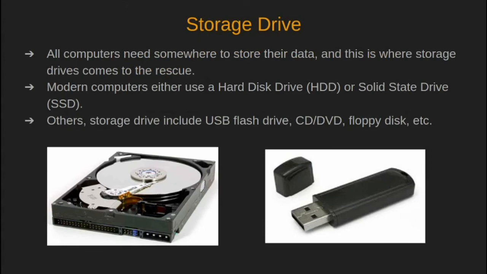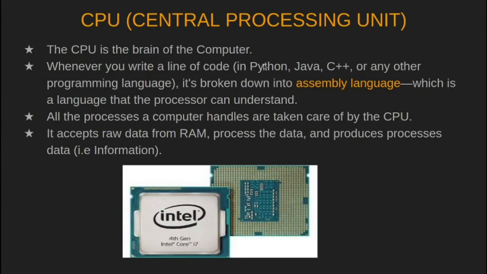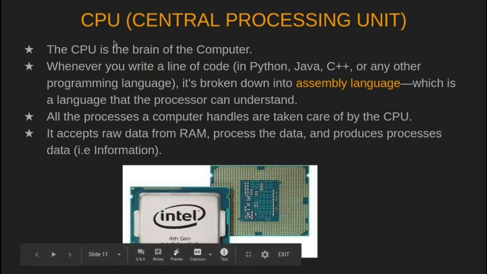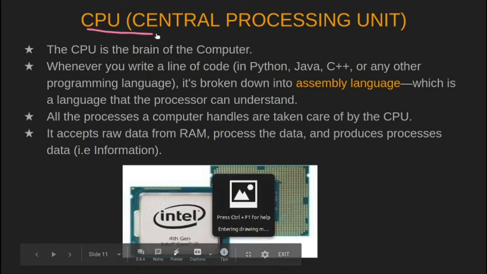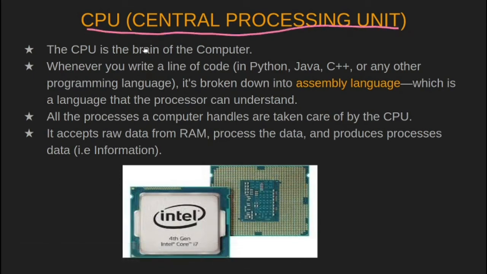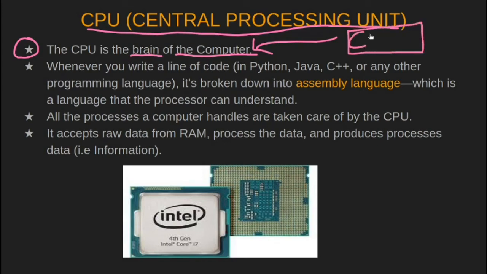Let us now move forward and discuss something about the CPU, the central processing unit. Well, the first point, as you can see over here, says that the CPU is the brain of the entire computer system. And that's true because what we have seen earlier in this video is that every processing work is carried out by something which we call a CPU.